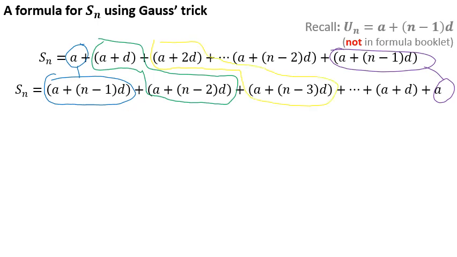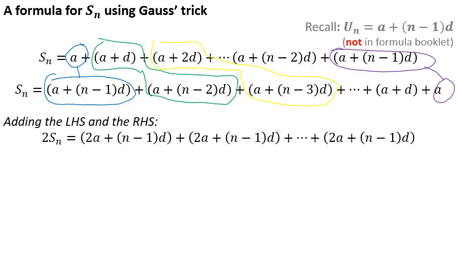And you should start to see, it doesn't matter which pair we pick, the same kind of pattern happens that we saw when Gauss performed his little trick. A plus n minus 1d is just 2a plus n minus 1d. As you move to the right in the top equation, you're gradually adding d's, and as you move to the right in the bottom equation, you're gradually subtracting d's.